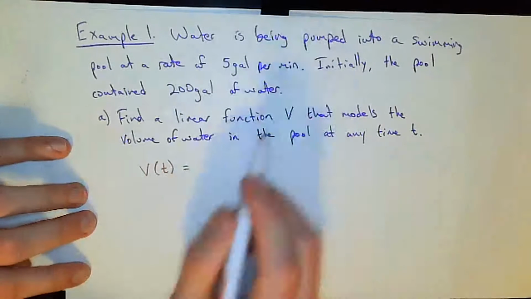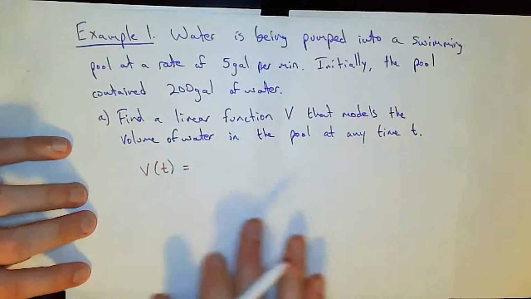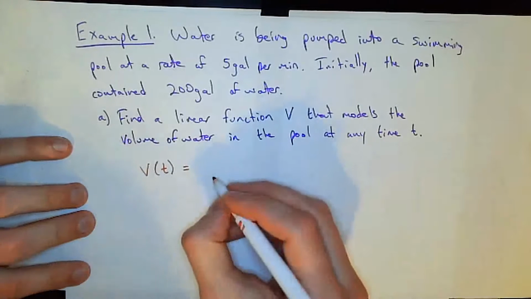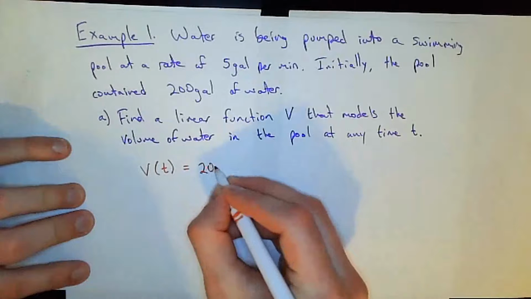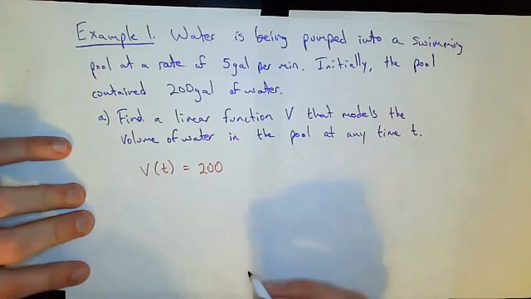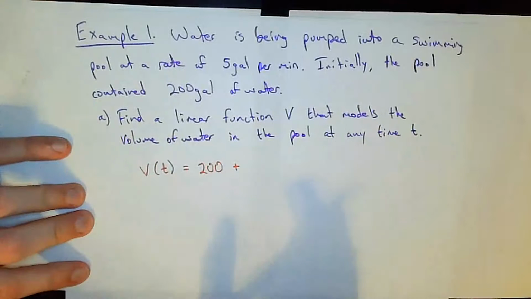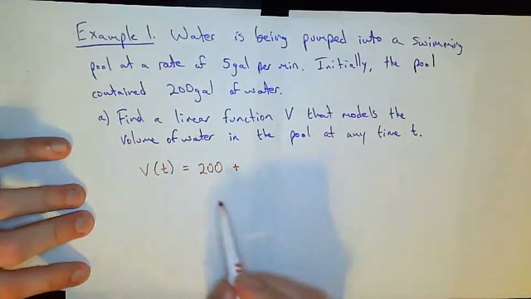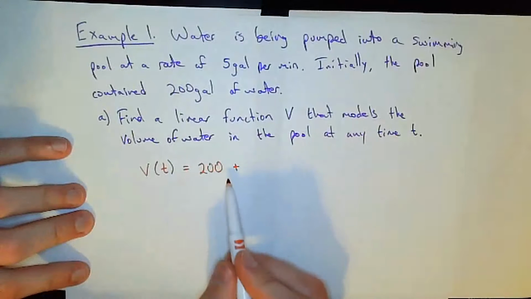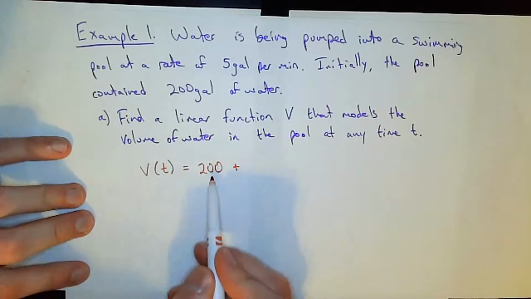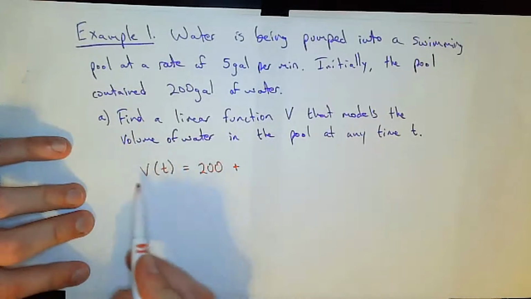So how do I relate these things, and how are they related to t? Well, initially, I'm going to have 200. That's an initial value, and it's going to get added to however much water is being pumped into the pool. So this is my initial value, no t attached to it, because it's already measuring volume, already measuring gallons, which is exactly what I want.